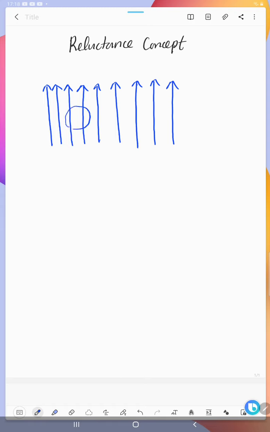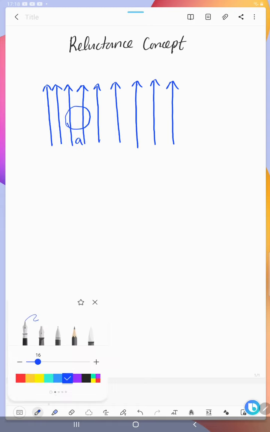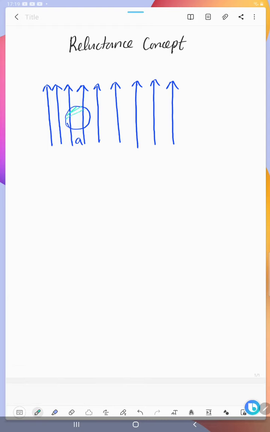This object is called object A. The magnetic property of this material is the same in all directions, and then we are placing an anisotropic material here.